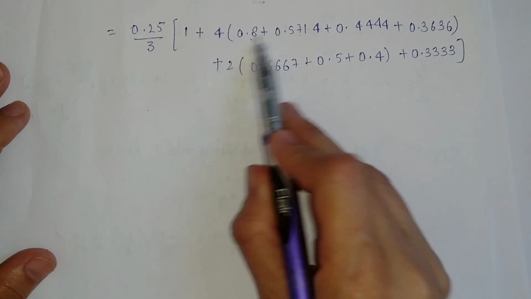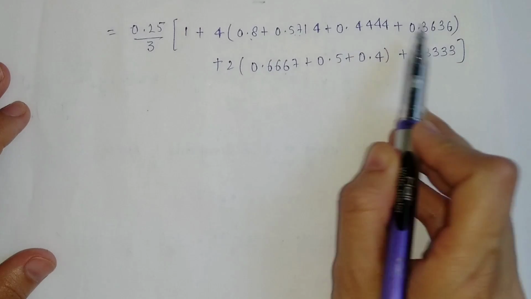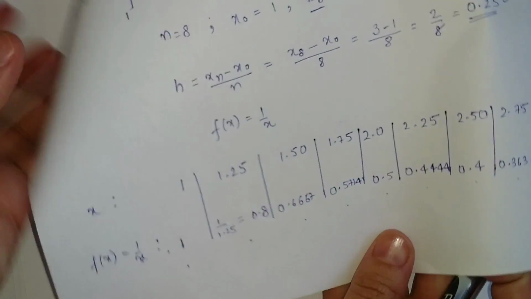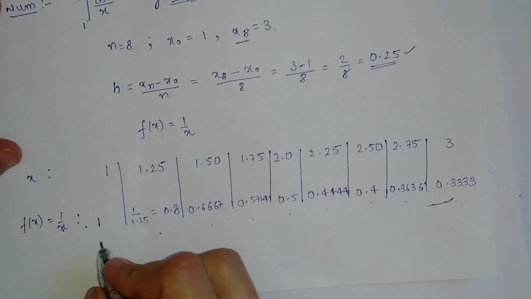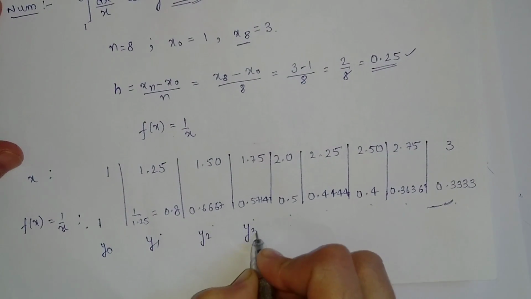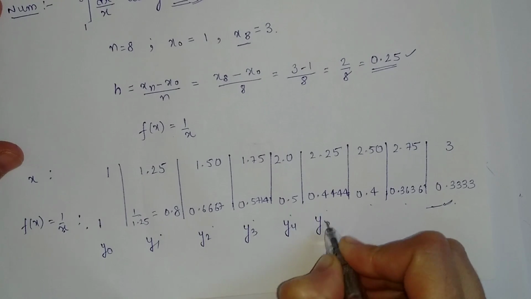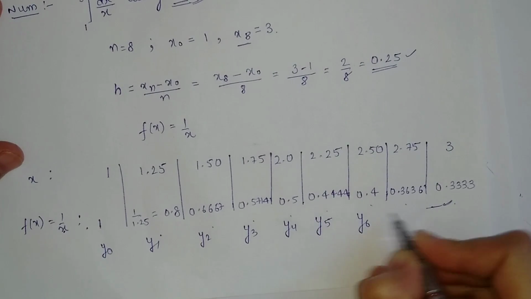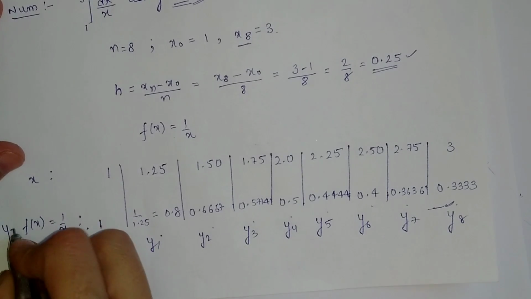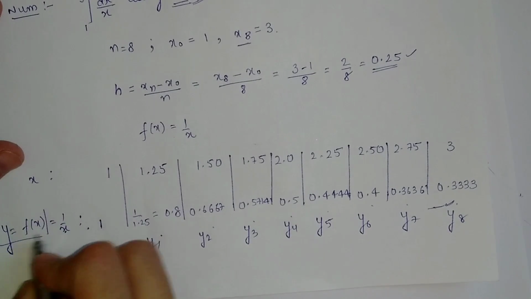So this is y1, y3, y5 and y7 and so on. We can see the values from the table itself. Let's write the values for our convenience. And the last value is y8.